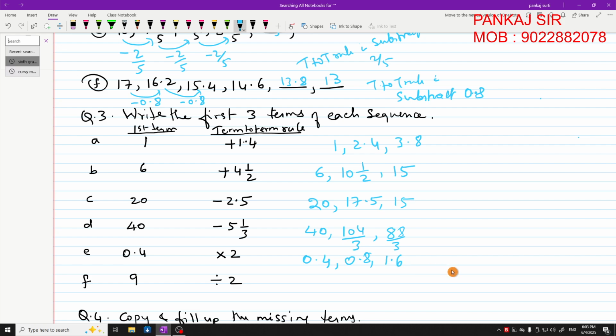So this will be the third term. The last one is, first term is 9. 9 divided by 2 will be 4.5. So I'll write 4.5. And 4.5 divided by 2 should give me 2.25.